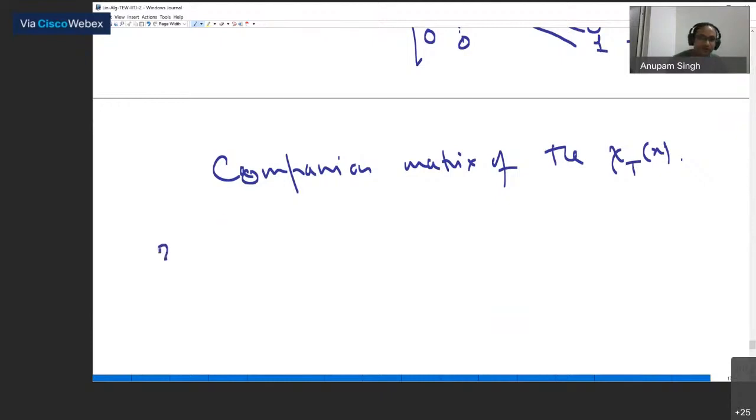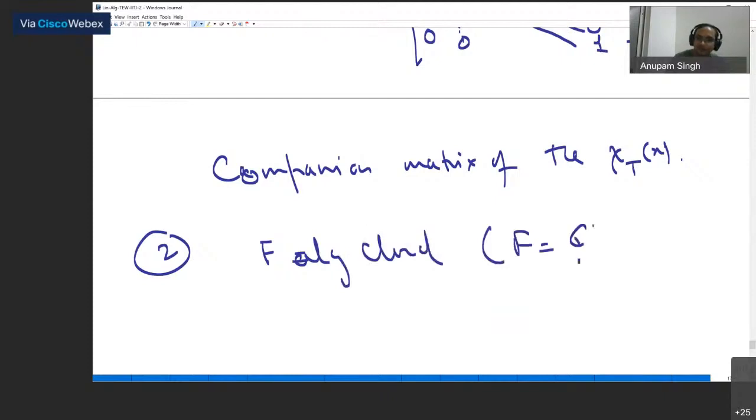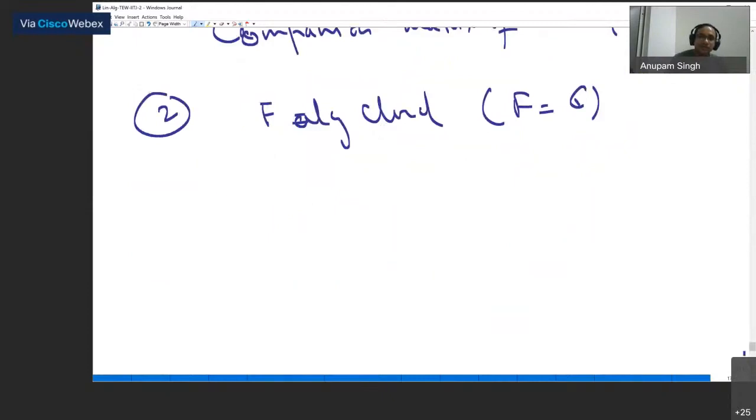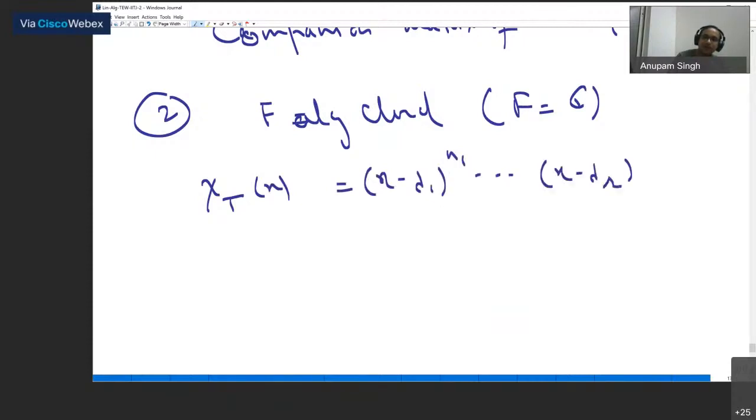So now the second application will be, remember, for Jordan canonical form, we have F algebraically closed. For example, we can take F equal to the complex numbers. For Jordan canonical form, the characteristic polynomial is supposed to be (x minus lambda 1) to the power n1 and so on, (x minus lambda r) to the power nr.